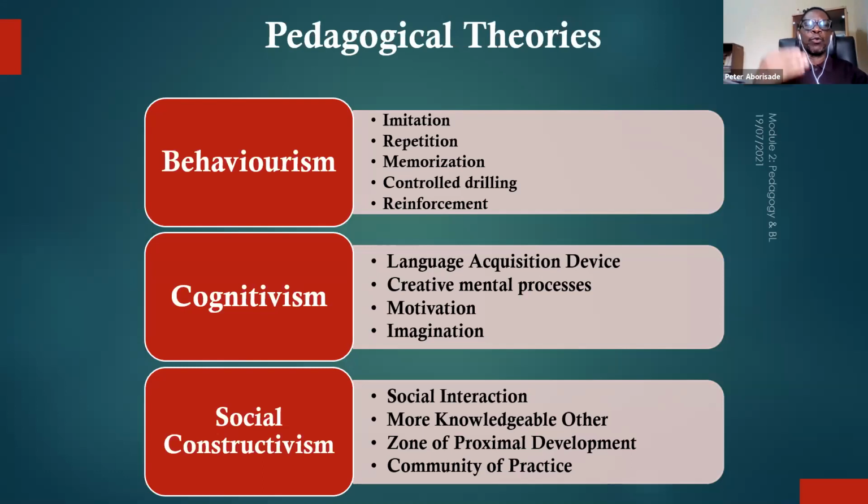We motivate them to go on, to use their imagination to lift their knowledge level, to use their skills. But within social constructivist approach, all of this come together through our social interaction.